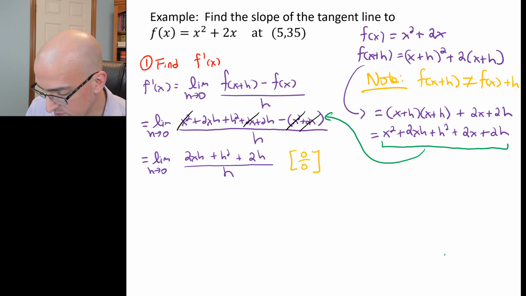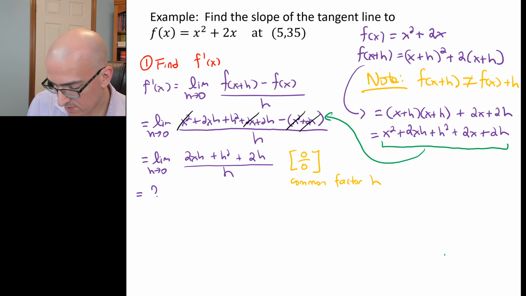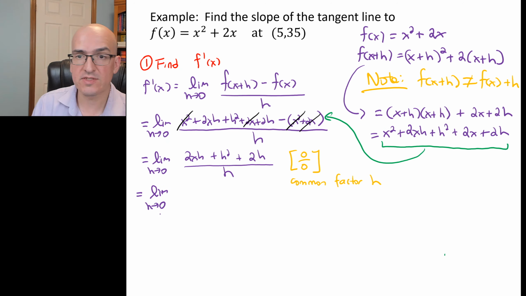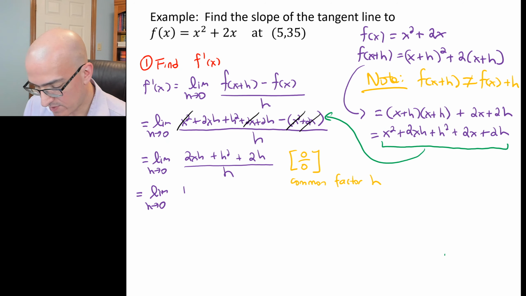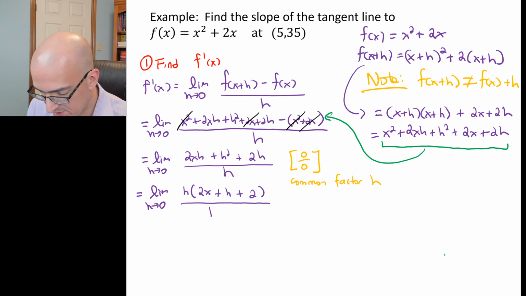So what we'll do is we'll common factor h from the top. That's one of our tricks for 0 over 0's: factoring, in this case common factoring. So h comes out, we get h times 2x plus h plus 2, all over h. Now we can cancel h top and bottom.